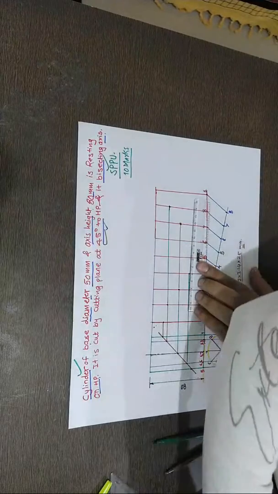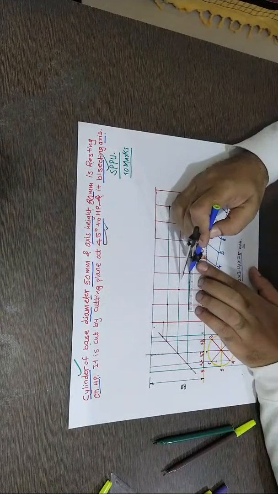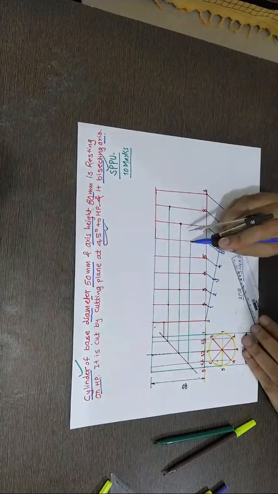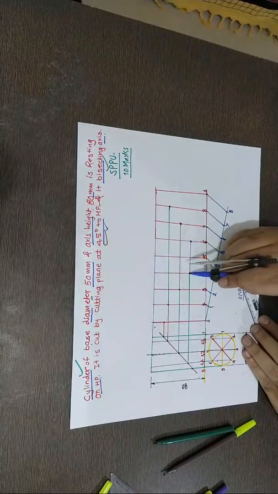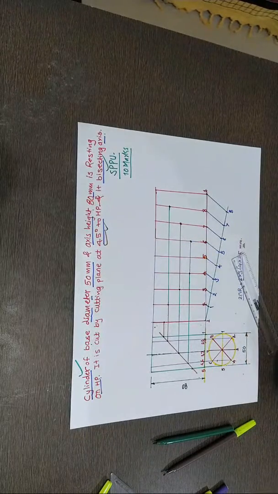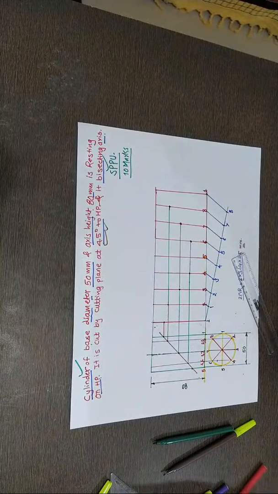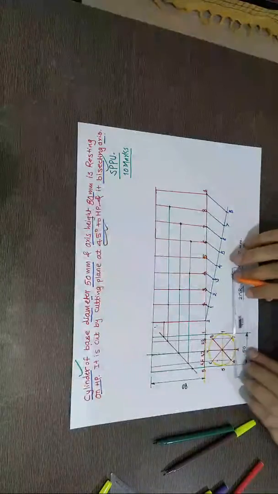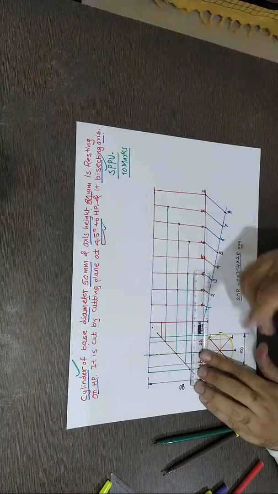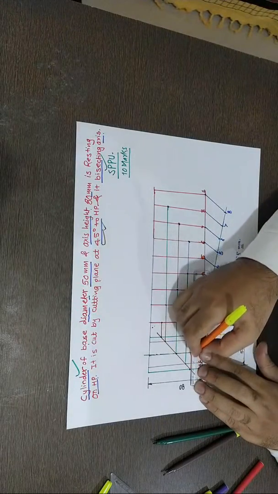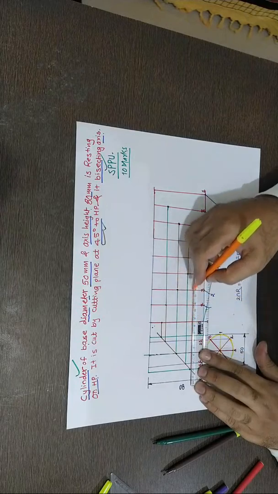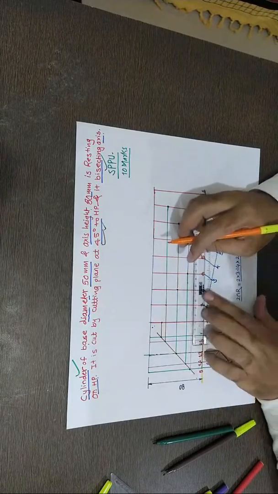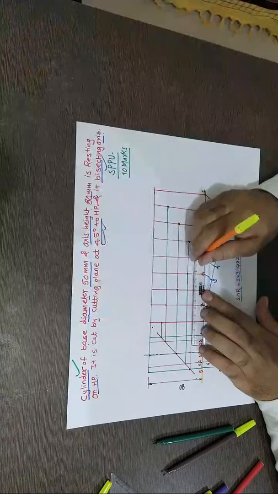Extend for another. This is 6. So this is my point 6. This is 4. And the last one is point left 5. So fifth is here. Intersection of plane and the generator. Extend up to in the same point.